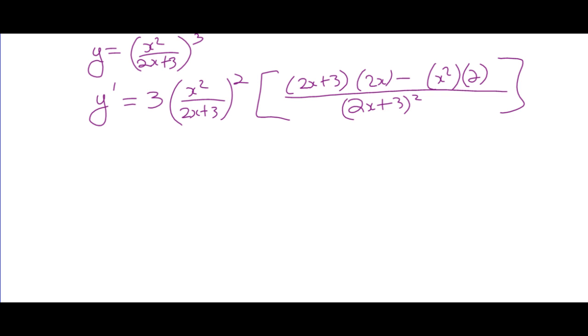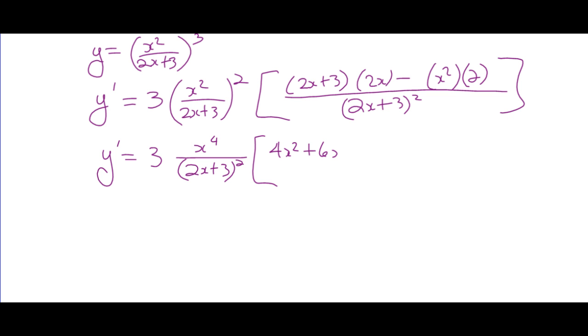We've got to simplify this just like we did before. So this is going to be x to the 4th over 2x plus 3 quantity squared. And then up here we've got 4x squared plus 6x minus 2x squared over 2x plus 3 quantity squared.